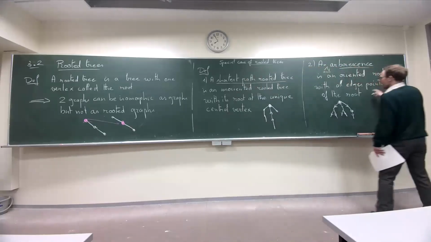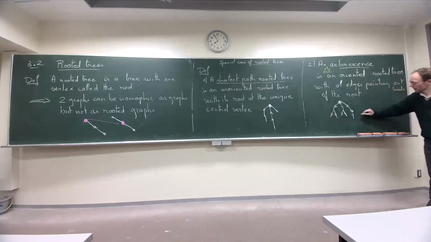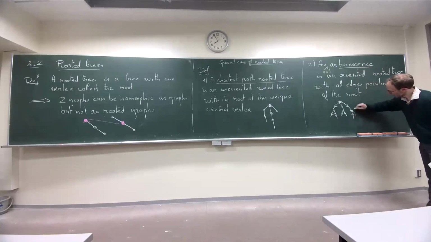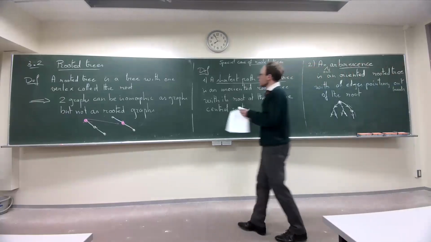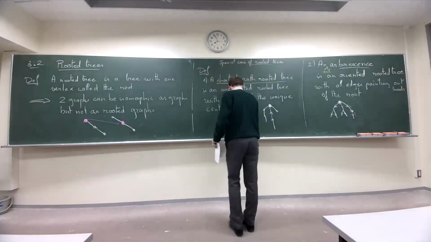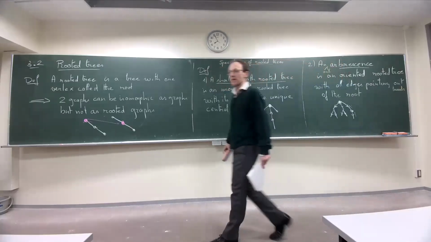Yes, all edges pointing towards the root, which means in the anti-arborescence, you would have everybody going to the root. Okay. And I just have a few minutes for the last definition, except if there is any question.